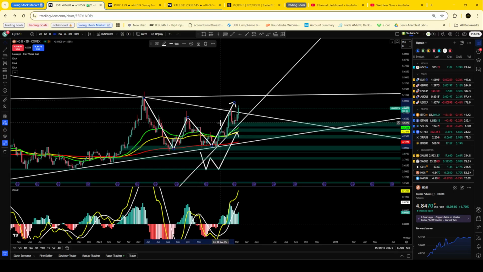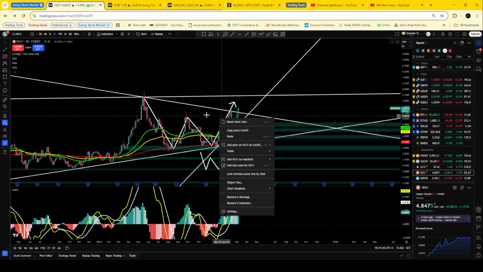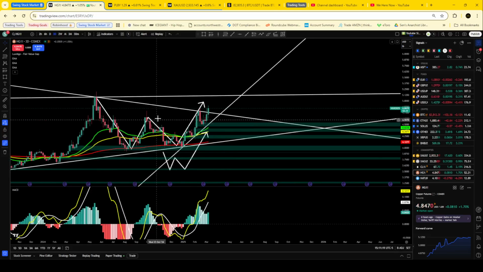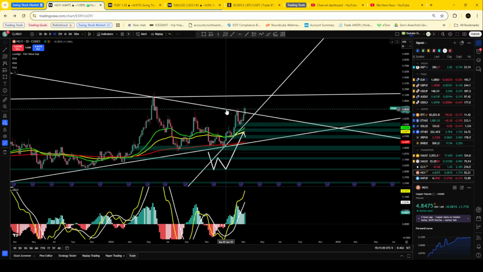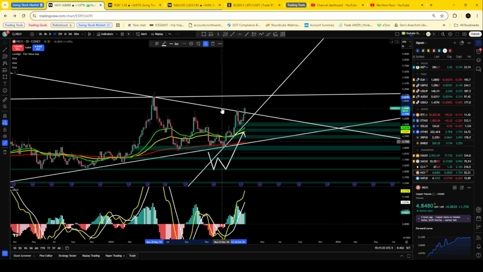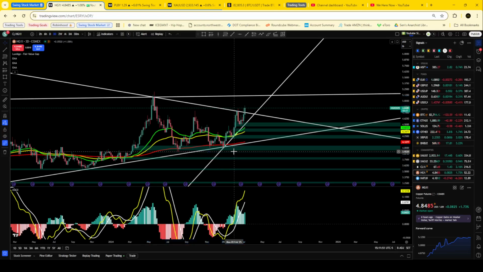I saw it forming a couple of days ago, and I said, you know what, I see this happening. So on the 3 day, we have it engulfing right here. It made us push up. It just broke through this trend line right here on the 3 day, so that's good. The MACD actually turned dark green, that's good as well. And price is over all three EMAs.